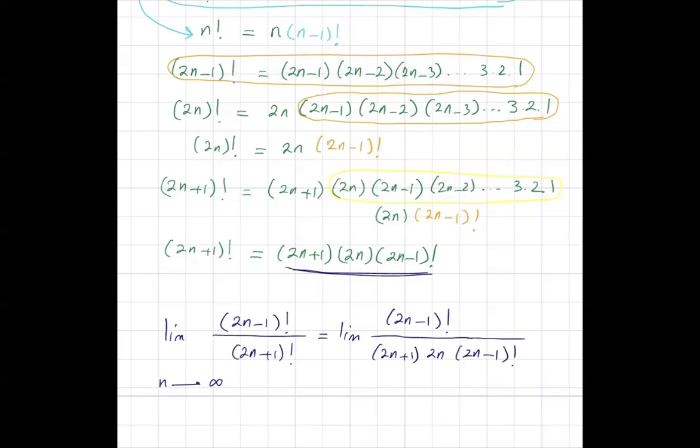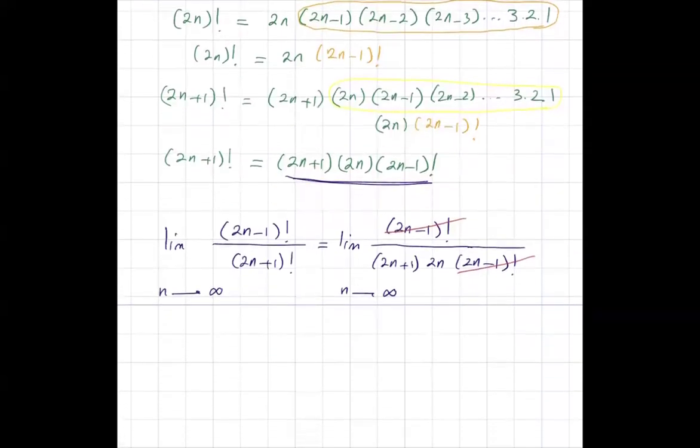Then after simplifying, I take the limit as n goes to infinity. The common factor is (2n minus 1) factorial. You're left with the limit of 1 divided by (2n plus 1) times 2n as n goes to infinity, but this is equal to the limit of 1 over infinity, or just 0.